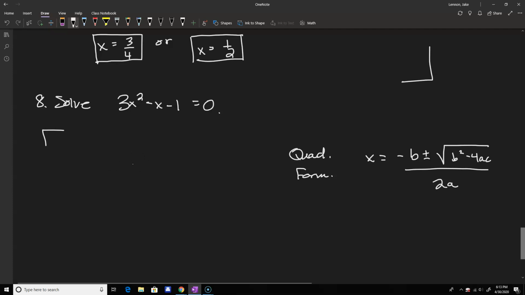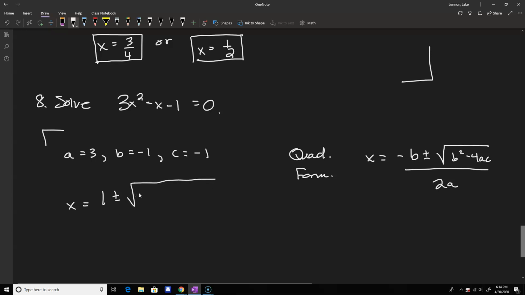So in the above equation, we just want to identify a, b, and c. So a is going to be 3, b is going to be minus 1, and c is also going to be minus 1. So if we plug these into the formula, we get x equals, if b is negative 1, the opposite of negative 1 is positive 1, so 1 plus or minus the square root.